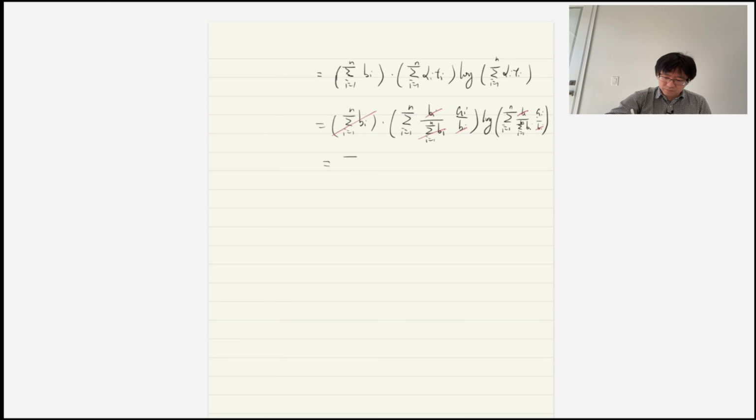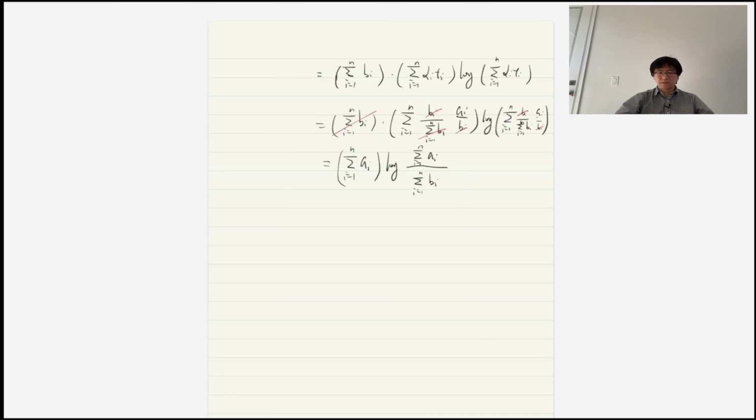So basically the first term is nothing but AI, and then inside we have a summation over AI. So now we have a summation on the numerator and another summation in the denominator. Okay, and then we're done.